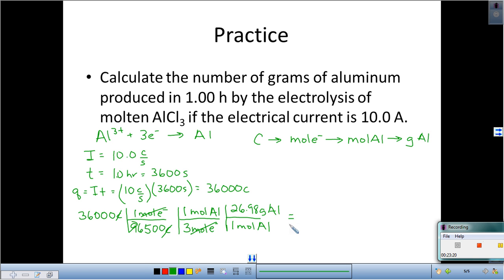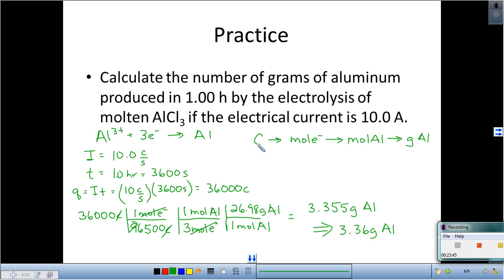So we grab our handy dandy calculator and we get an answer of 3.355 something grams of aluminum. With sig figs, it needs to be 3.36 grams of aluminum. How do I know it needs 3 sig figs? Well, we had 3 sig figs here and 3 sig figs here, so my answer needs to have 3 sig figs.